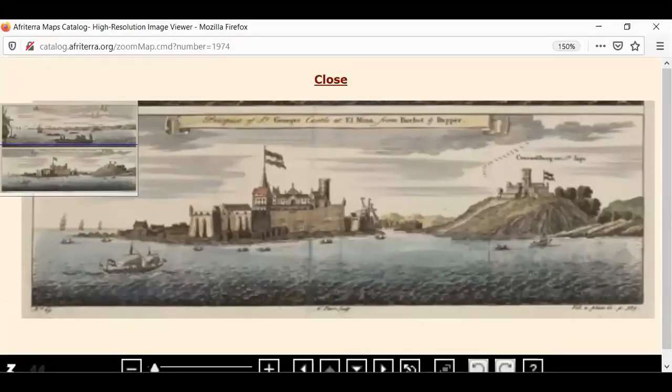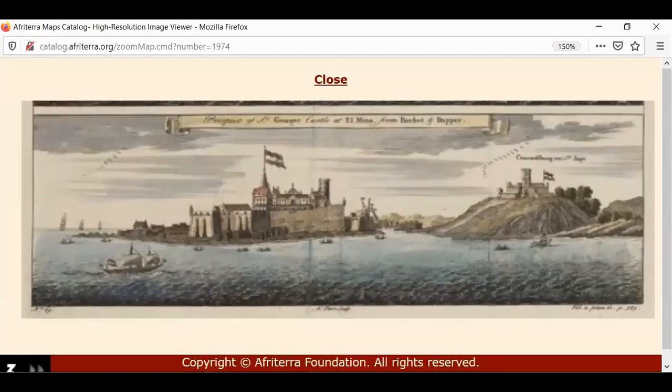Some of the most interesting material in the Afroterra collection is not strictly cartographic. It's not maps, but it's the views that went along with the maps and that were published at the same time. Views like this of the slaving castle of Elmina on the Gold Coast.